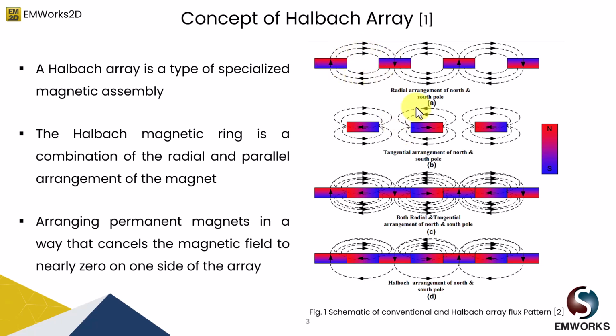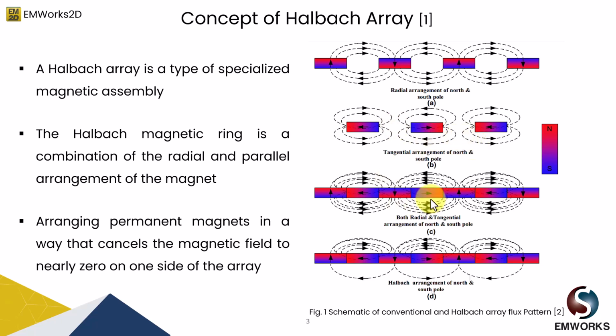Now there is another type of arrangement called tangential arrangement, where the north pole and south pole of the magnets are not facing each other. Here the flux path is leaving from the north pole of the magnet and then entering back to its south pole.